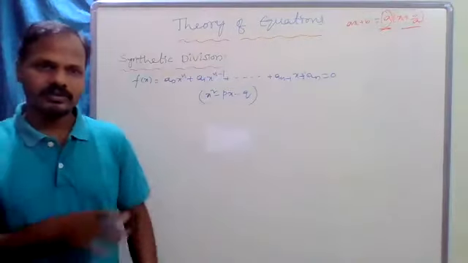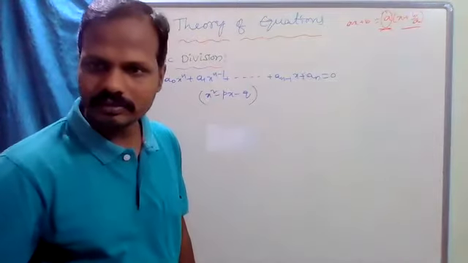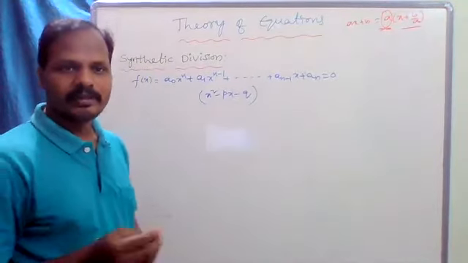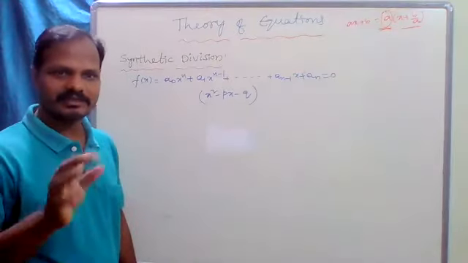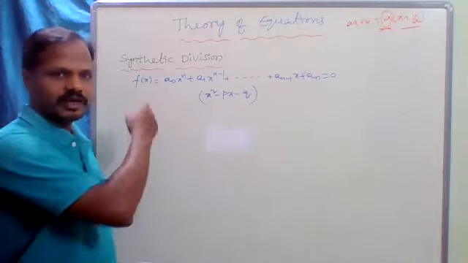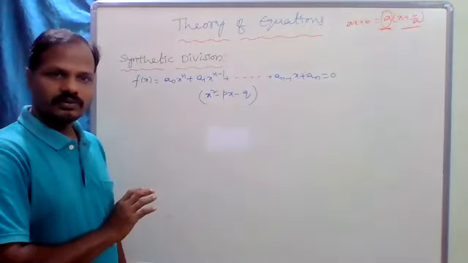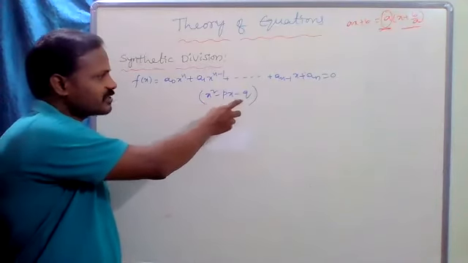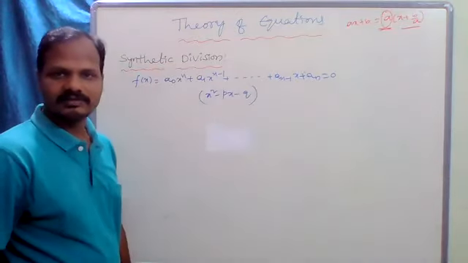In the previous problem, a linear factor was there: x minus a, x plus a, or ax plus b. Then we applied the synthetic division, that is over. Now if the factor is a quadratic polynomial, which is x square minus px minus q, how will we apply this synthetic division?